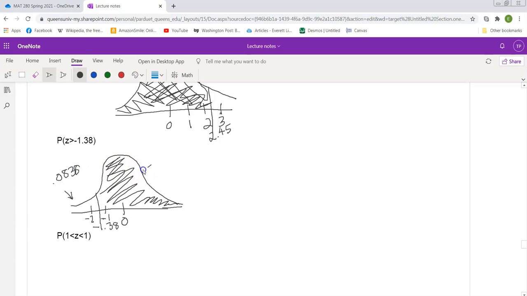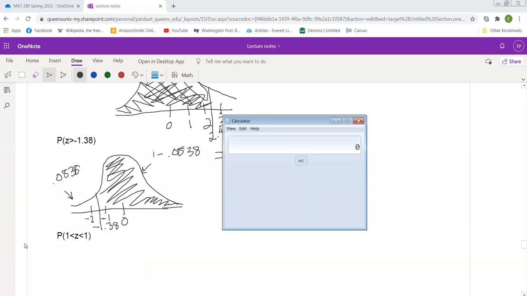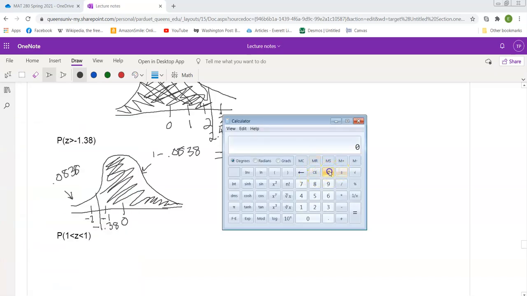So to get this area up here, we have to do 1 minus that. And I'm just going to use the little calculator. So 0.9162.